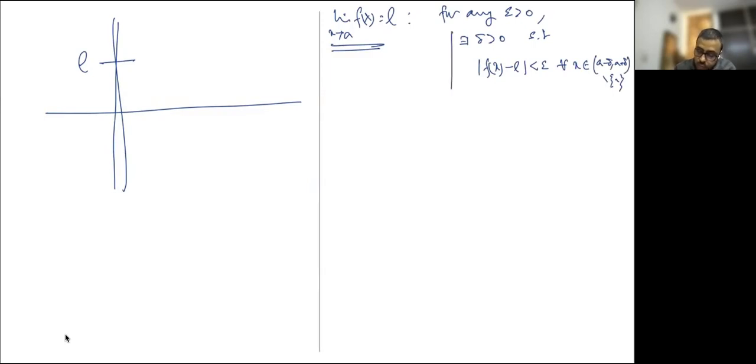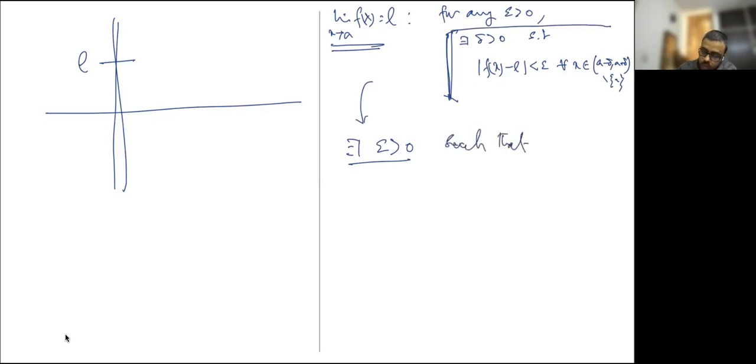So something happens for every epsilon positive. So the negation would be that there exists epsilon positive for which the next part is not true. So there exists epsilon such that this next part does not hold.